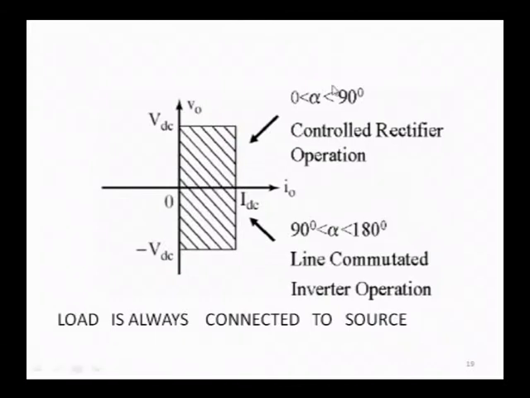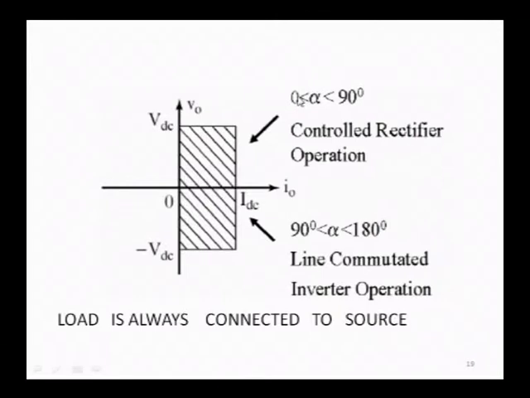This full control bridge rectifier is a 2 quadrant operation. The load is always connected to the source in this case, because the current is continuous; the load is not disconnected, it is continuously connected. In controlled rectifier operation, alpha lies between 0 degree and 90 degree, and you get controlled rectifier action.